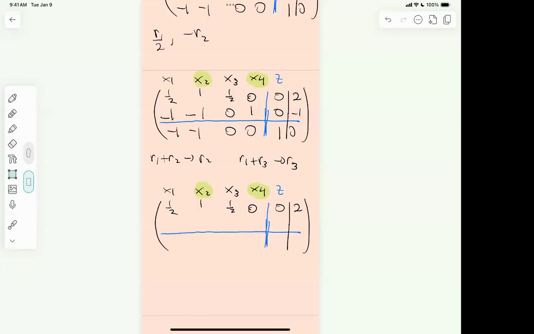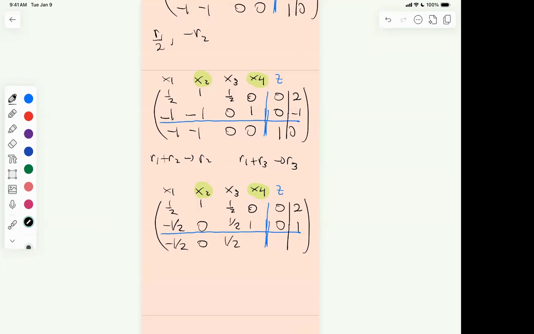So when I add row 1 with row 2, I'll get -1 half, 0, 1 half, 1, 0, 1. Then I add row 1 with row 3, and I'll get -1 half, 0, 1 half, 0, 1, and 2.